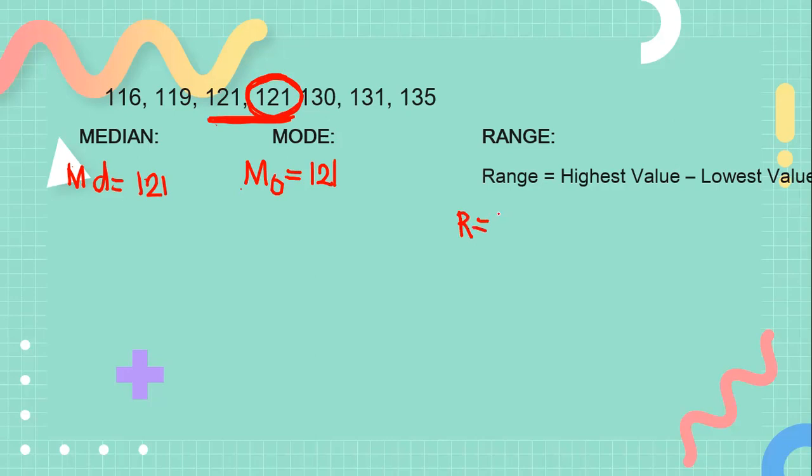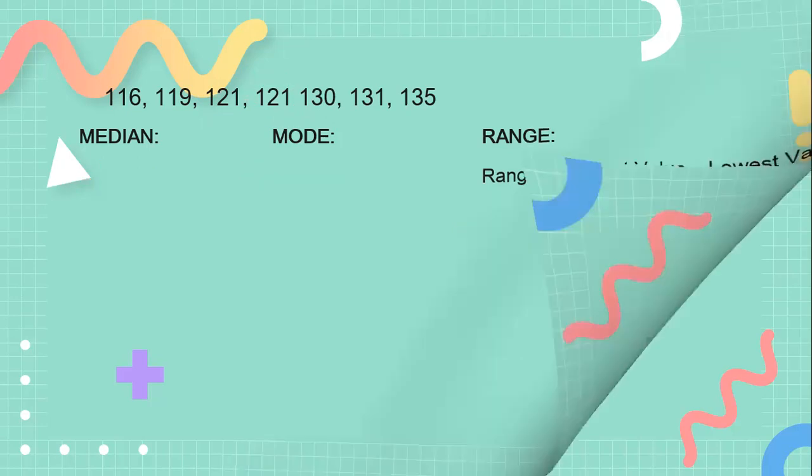So, what is our highest value, class? Very good. It's 135 minus 116. What is it, class? Very good. It's 19. So our range is 19. Now let's proceed to the next slide.